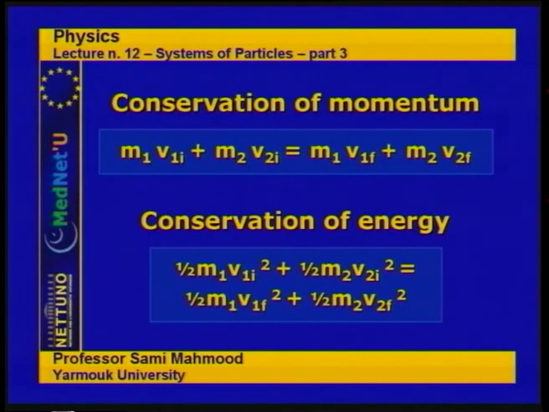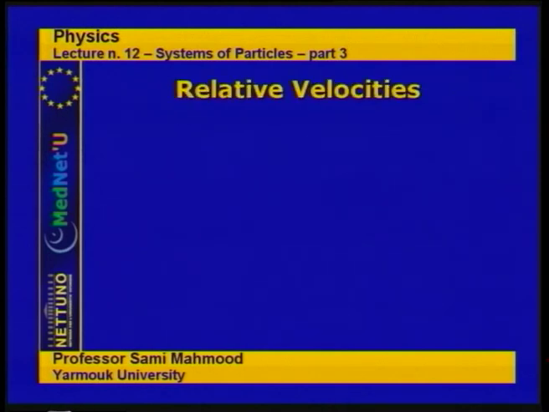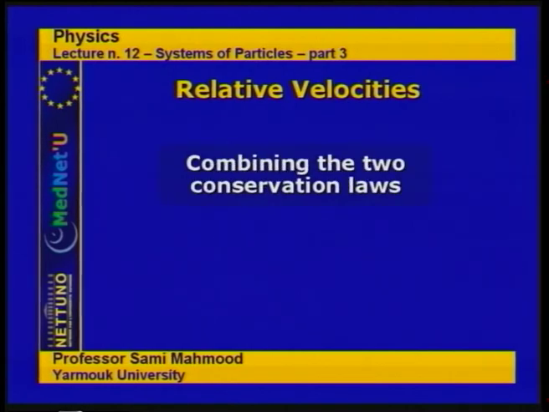It is always easier to deal with linear terms, like the upper equation, which contains velocities to power 1. And in this sense, we can combine these two equations and get a different equation from the combination of the two, which is linear in velocity.